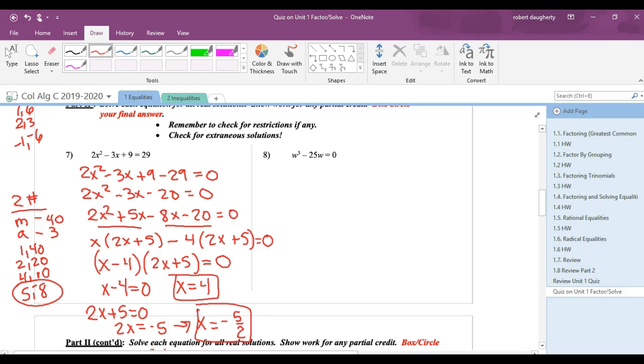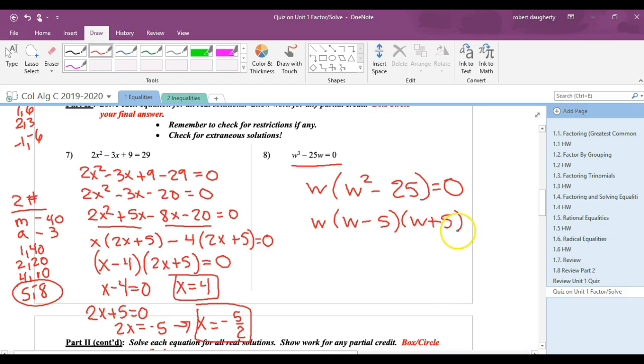Look at the next one. A lot of people had trouble with this, but what's the first plan of attack? Is there a greatest common factor? It is w. W squared minus 25 equals 0. What's in parentheses? That looks like the difference of 2 squares. This is w, w minus 5, w plus 5 equals 0.